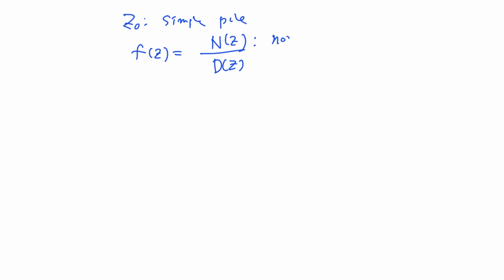If z naught is a simple pole and f(z) is of the form p(z) over q(z), the top is called the numerator and this is called the denominator. Numerator is 분자 and denominator is 분모.